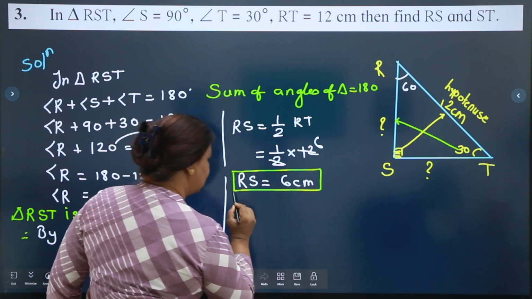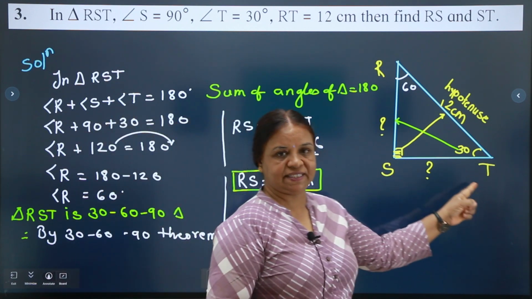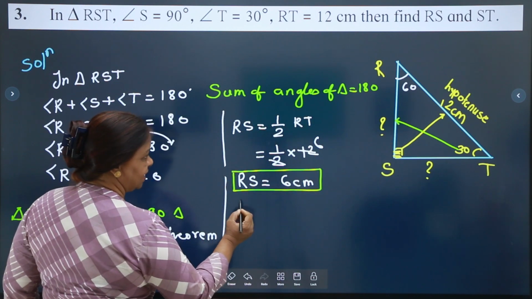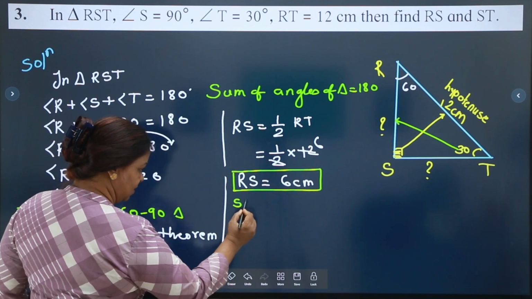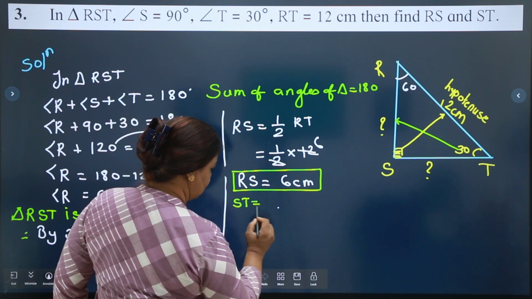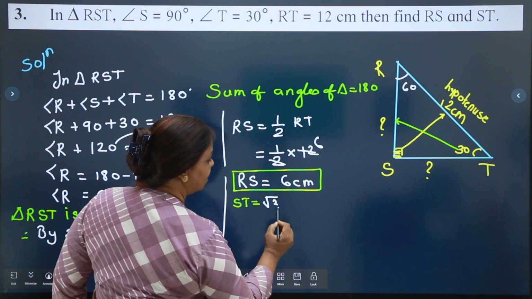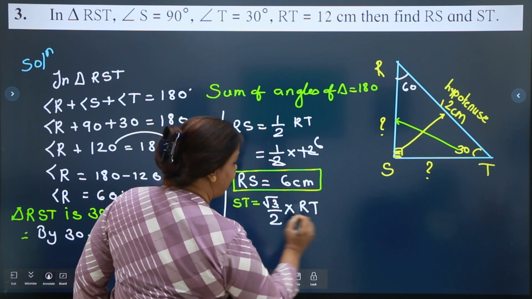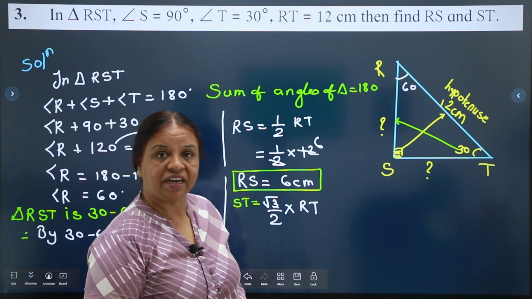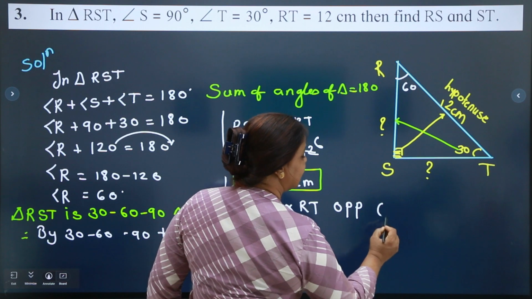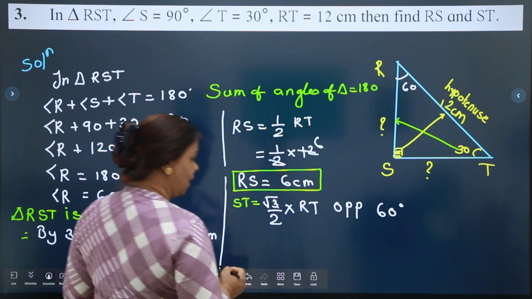We got RS. Now we need to find out ST. ST is opposite to 60 degrees. So we can say here ST is equal to root 3 upon 2 of RT. Why is ST root 3 upon 2 of RT? Because ST is opposite to 60 degrees. Okay.